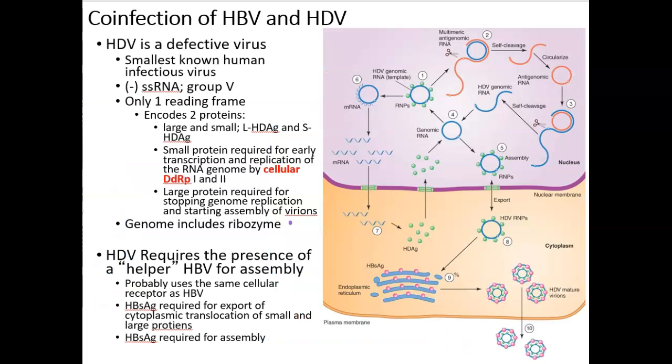That's an oops. So now moving on to co-infection with hepatitis B and hepatitis D. Remember that hepatitis D is defective, right? So hepatitis D can only cause infection if you also have hepatitis B. Hepatitis D is the smallest known human virus that can cause infection.